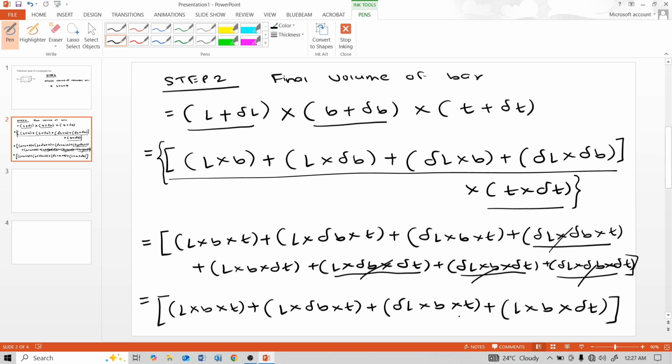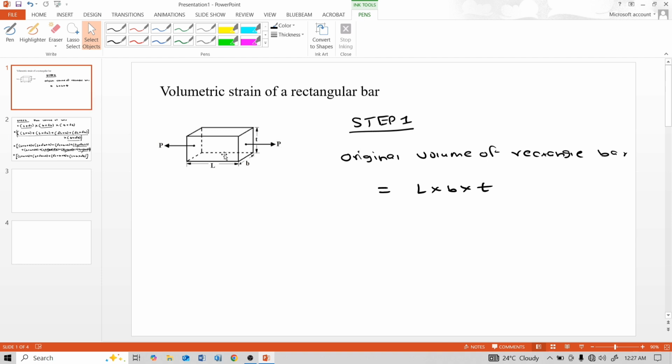Now next, step 3, change in volume of a bar. For this original volume of bar, how much is the change in volume? Change in volume of bar is nothing but the final volume minus initial volume.